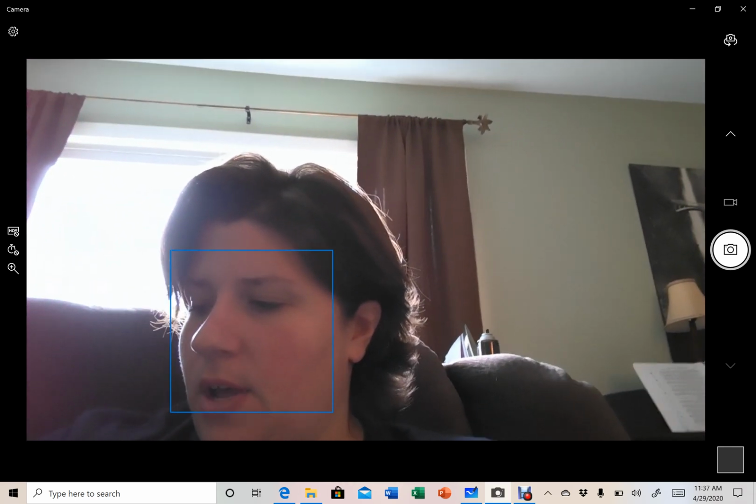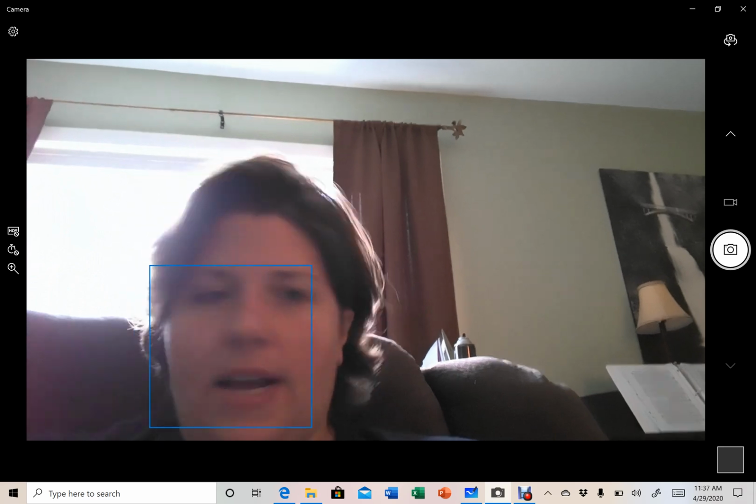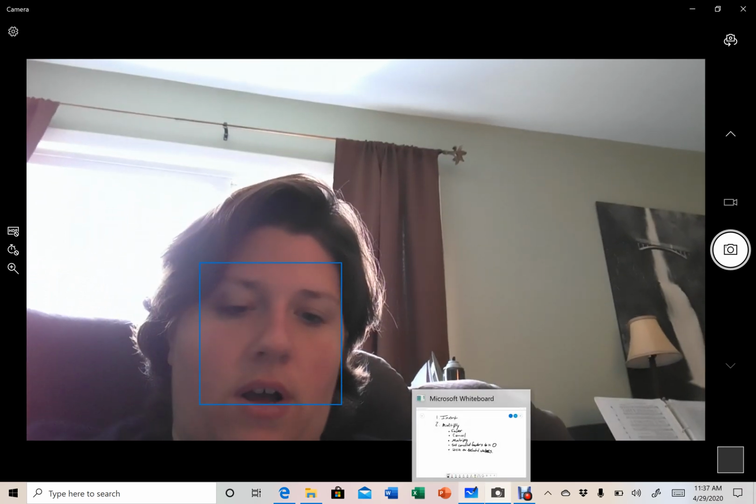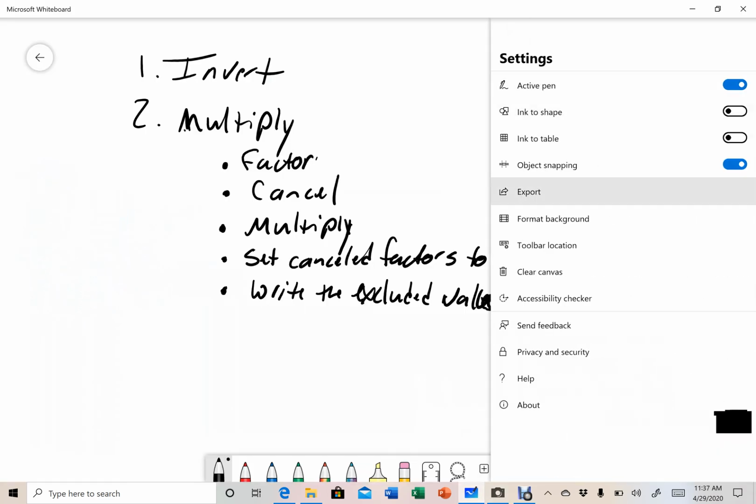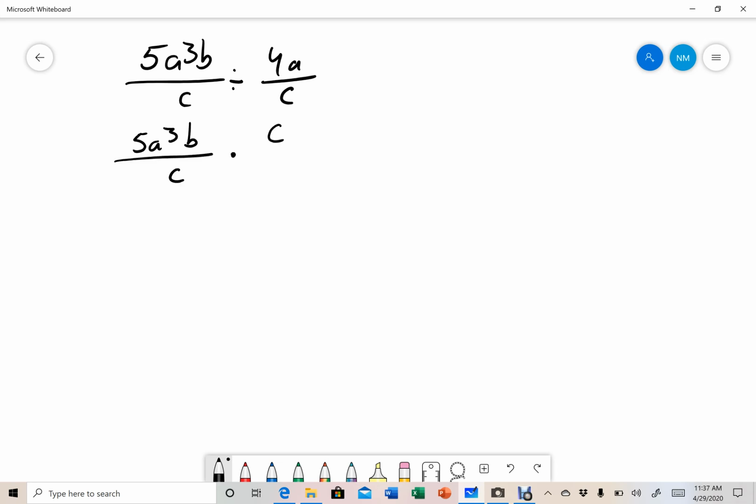So let's look below here. Let's go ahead and do example 11.4. We've got 5a cubed b over c divided by 4a over c. We take the second fraction and invert it, so we've got 5a cubed b over c times c over 4a.